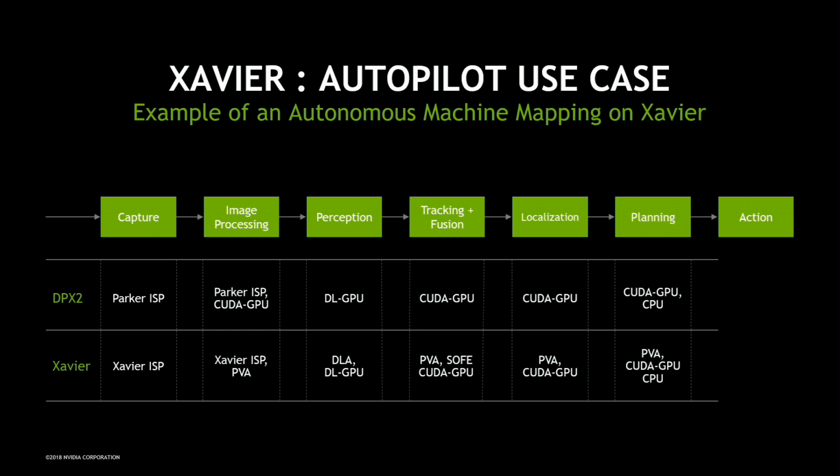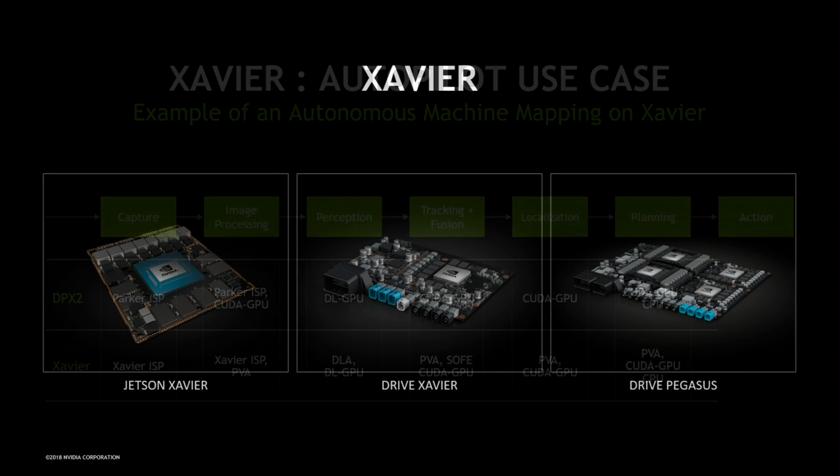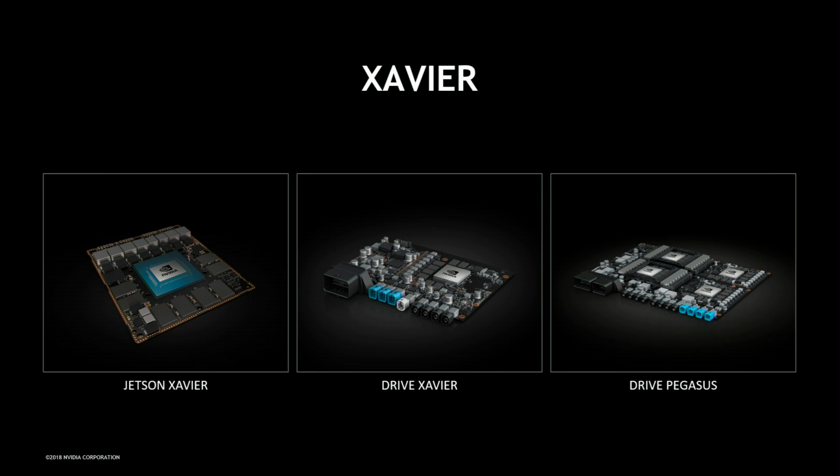Of course, we also think about Xavier in the context of the Pegasus on the right here, right? Some people may want even more. We've improved the I/O. We've improved the connectivity so we can do additional Xaviers attached. We can do DGPUs attached to Xavier. We also have our Drive Xavier platform, which gives you a Xavier-only platform, depending on your use case.